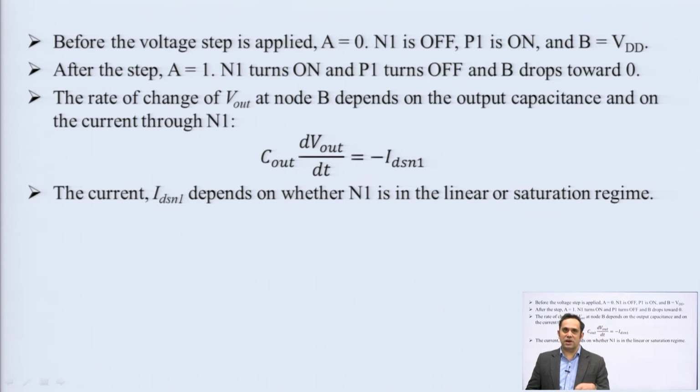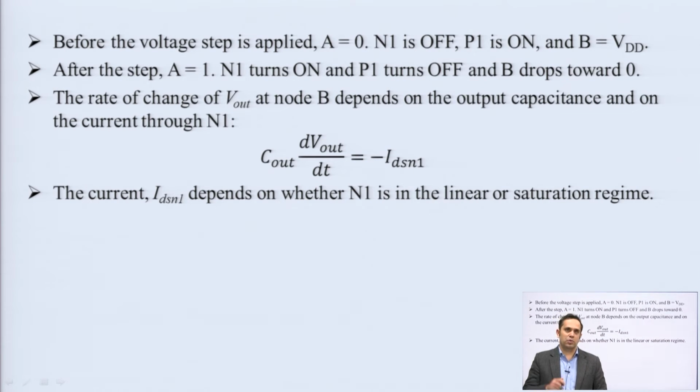The rate at which your output voltage is changing is given by this equation here, where C out is the output capacitance, for which we have already calculated the expression. The rate of change of output voltage at node B is equal to minus the drain to source current flowing at N 1.